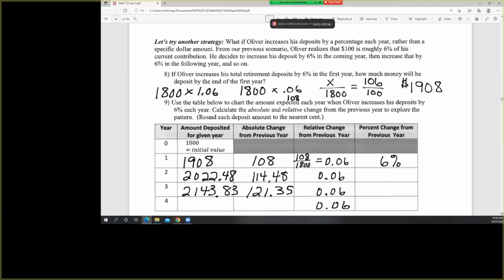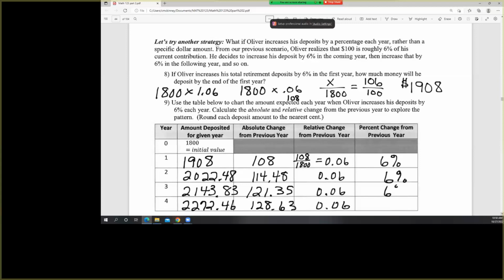And then for year four, 2,272.46, which gives our difference. And remember, the difference I can just subtract with the year before. Absolute change is just the difference, how much. And then all of these should come up to be 6%.